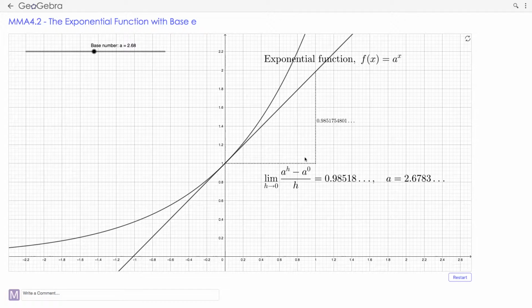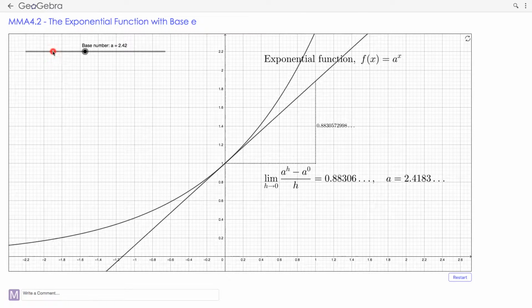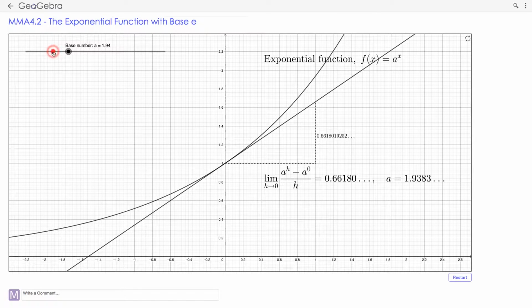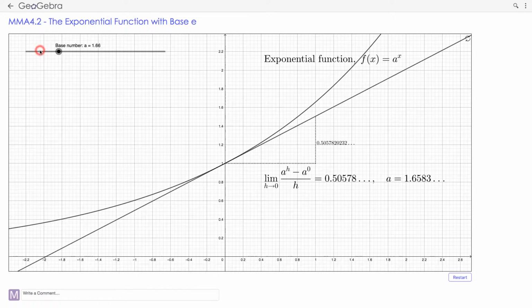And in this case, we have something very close to 1, and this happens for a equals to this, right? We can try decreasing the a. What happens? Well, clearly the slope becomes less and less steep. Agree?